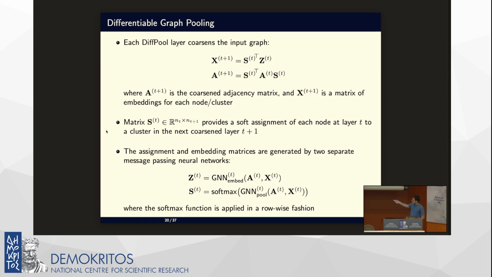And how can we learn matrix S? In fact, we can use a message passing neural network, this one, and we apply the softmax function in a row-wise fashion because we want each row to sum up to 1, and the different values correspond to soft assignments of the nodes of the current graph to the nodes of the new graph that will be produced at the end of the layer.